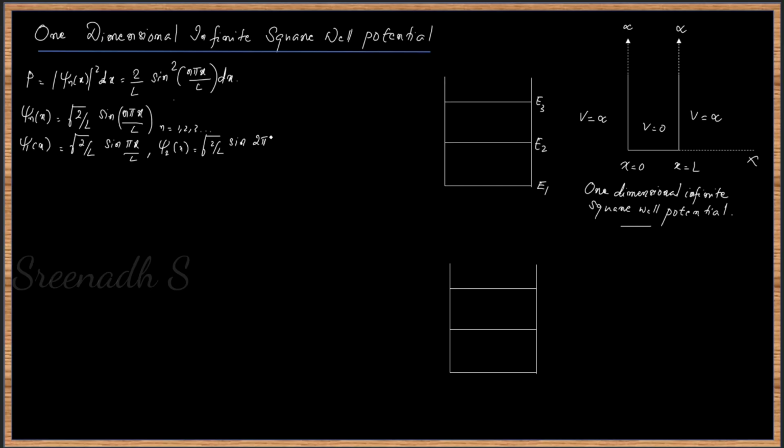Right, and psi 3 of x is equal to square root of 2 by L sin(3πx/L). Okay, so in that case, how can we draw the wave function for psi 1 of x equal to square root of 2 by L sin(πx/L)? How can we draw that?